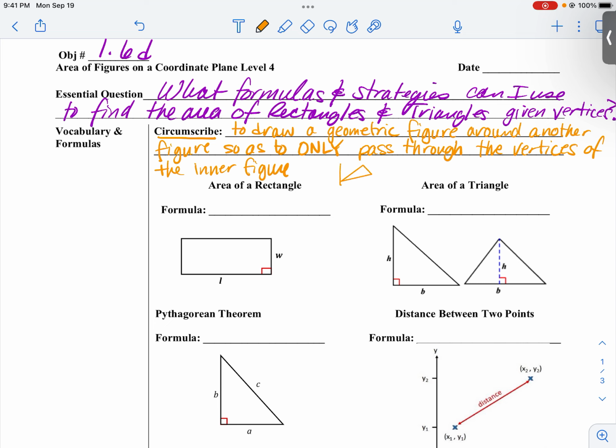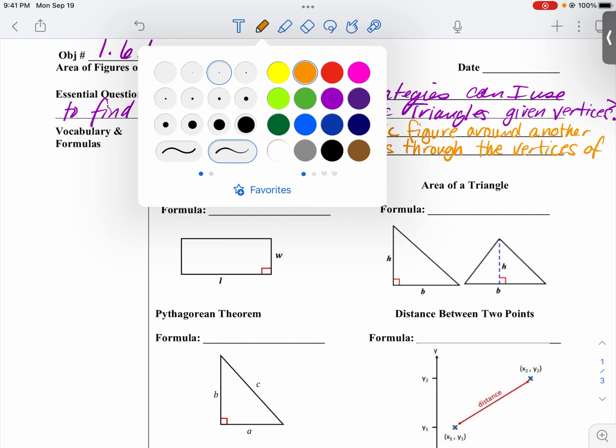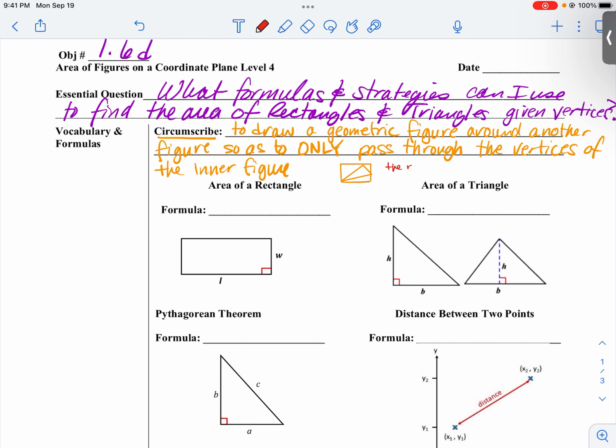And then we draw a rectangle around it so that the rectangle is circumscribed around the triangle.